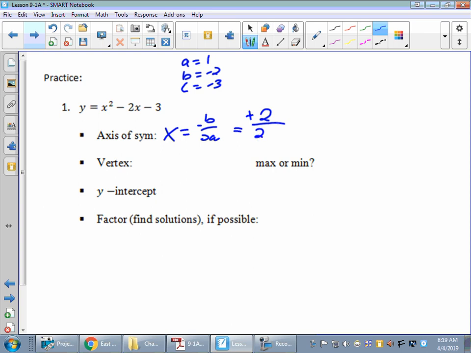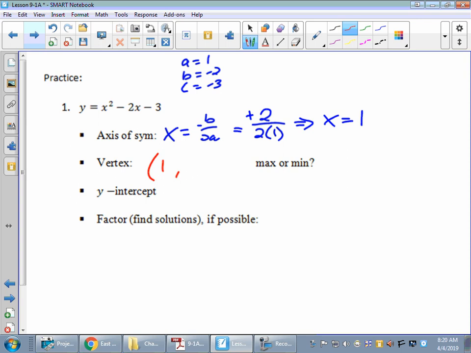My a value was 1, so it's 2 over 2 times 1. So that's going to give us x equals 1, right? 2 over 2 is 1. So I know that for the first part of my vertex, my x value is 1.